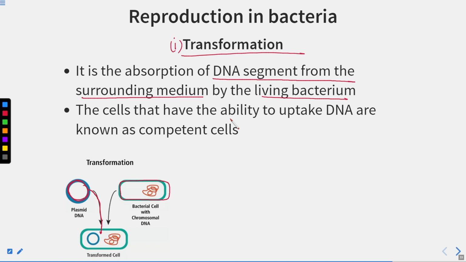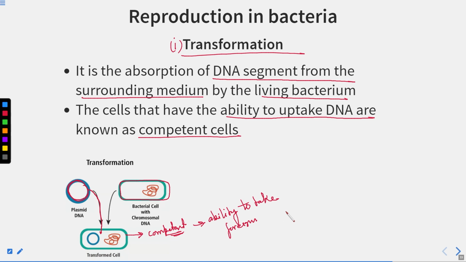And the cells that have the ability to uptake DNA are known as competent cells. So this cell is called a competent cell because it has the ability to take foreign DNA. Foreign DNA means the DNA that comes from the outside, right?